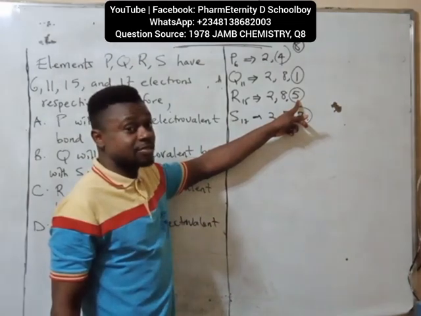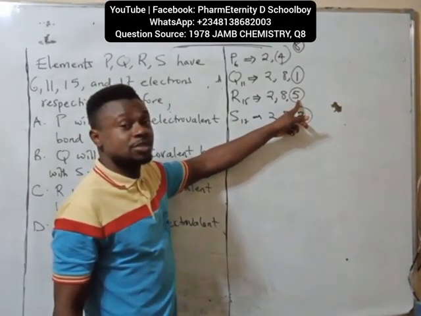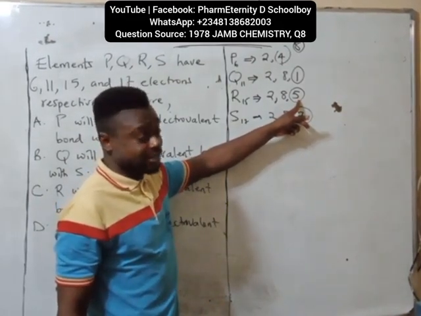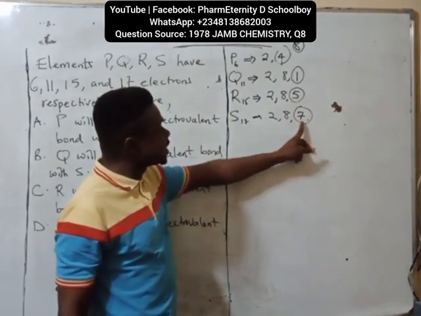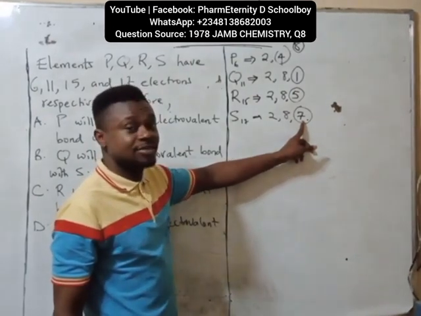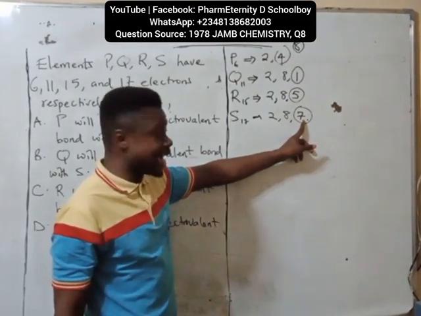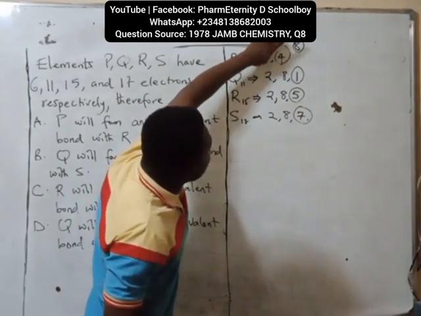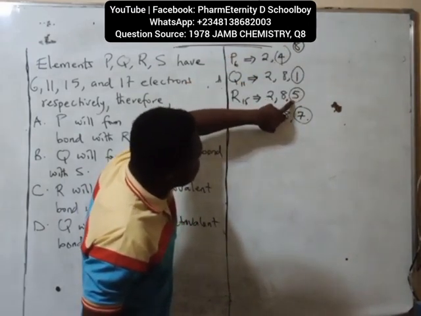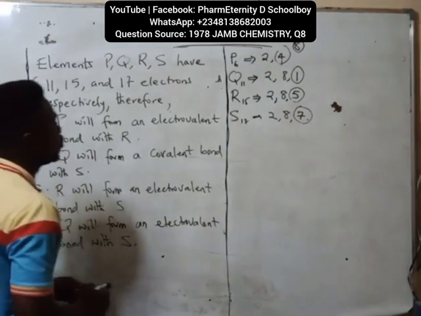And it can accept in some cases, depending on the nature of the other atom, but it can never transfer. This is too heavy to transfer. S can accept electron, and it can also share electron. So P can only share, Q can transfer, R can accept and share, and S can accept and share. Now let's go to the options.